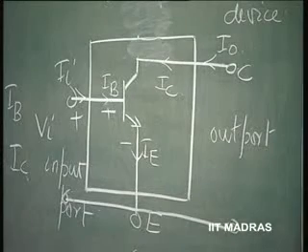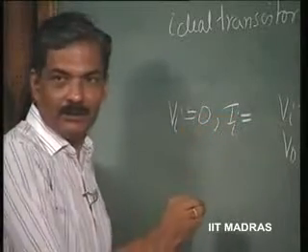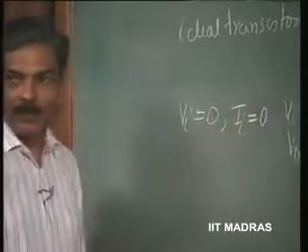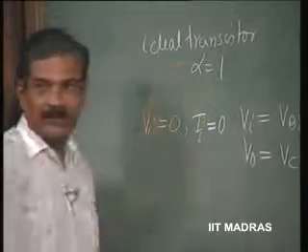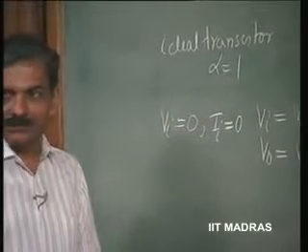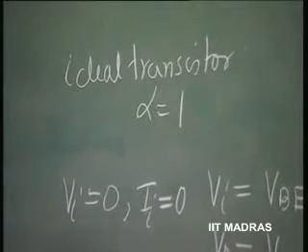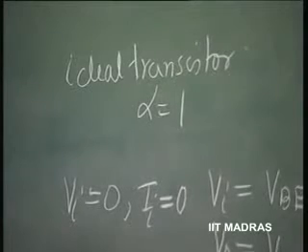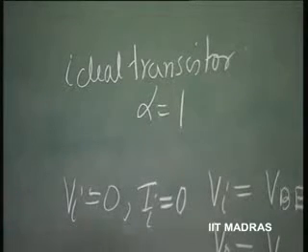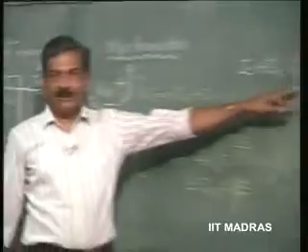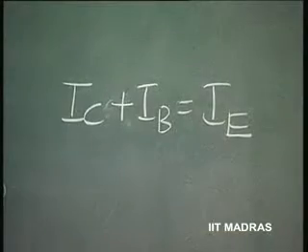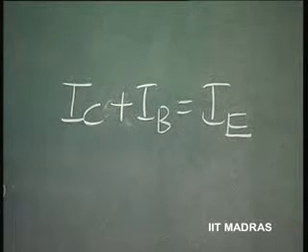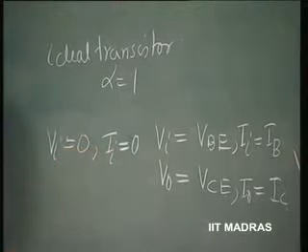And II is going to be equal to 0 because for an ideal transistor alpha is equal to 1. IC is equal to IE, and from this, if IC is equal to IE, IB is equal to 0 automatically. That means this is the situation of the input for a common emitter amplifier. Vi is equal to 0, II is equal to 0.